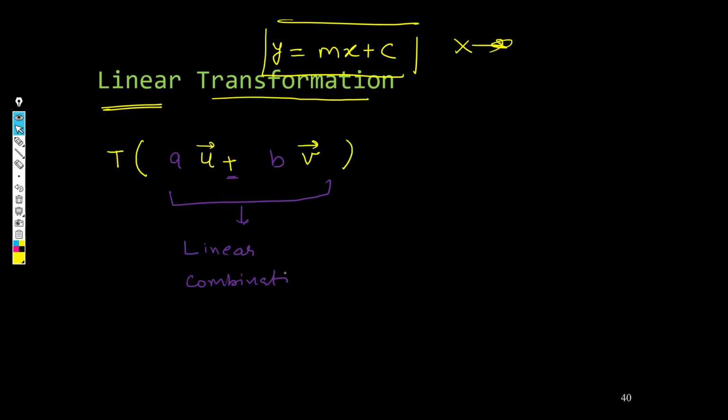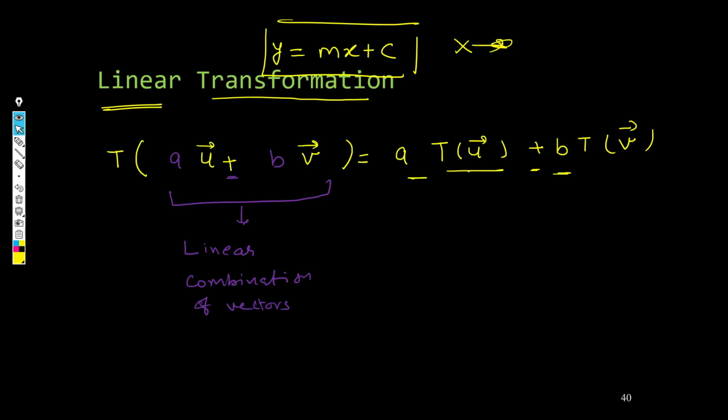So what happens when I apply the linear transformation on a linear combination of vectors is, you might have guessed, this is a times the transformation of the vector u, plus b times the transformation of the vector v. What exactly is this term? We can say that this term is a linear combination, because we are doing scalar multiplication and addition, a linear combination of transformations of vectors.